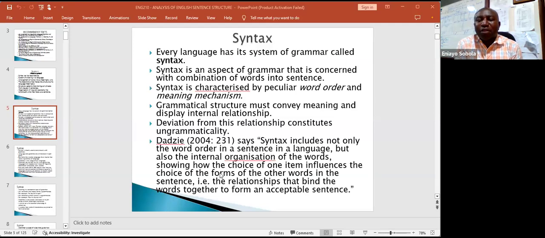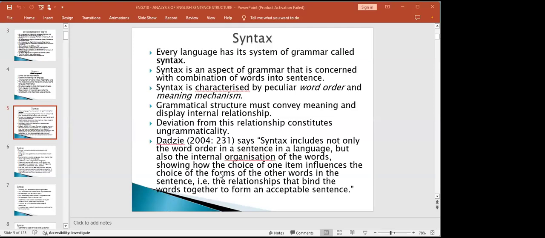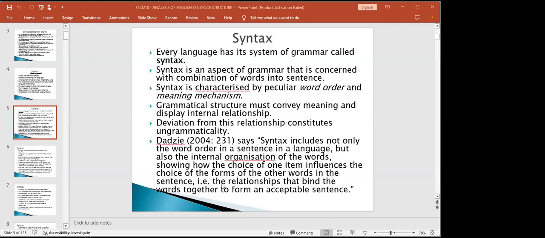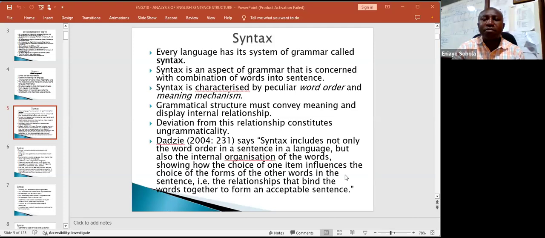And when you are looking at different forms of the verb also, we have the base form, the ing form, the ed participle form, the third person singular, the S form. You need to know the choice to make out of all these elements, because that will show the relationship that binds them together to form an acceptable sentence.